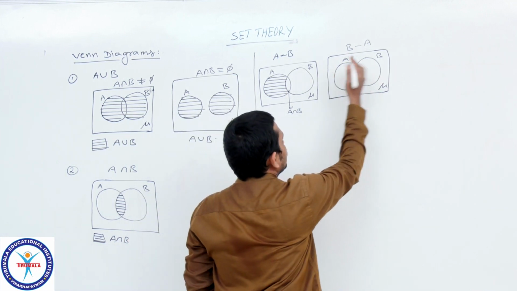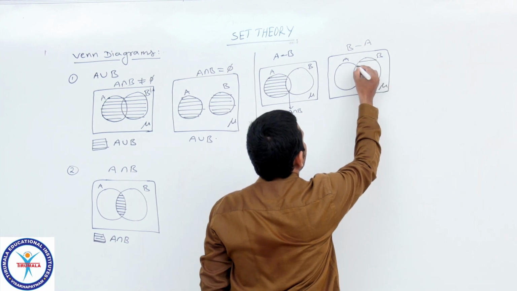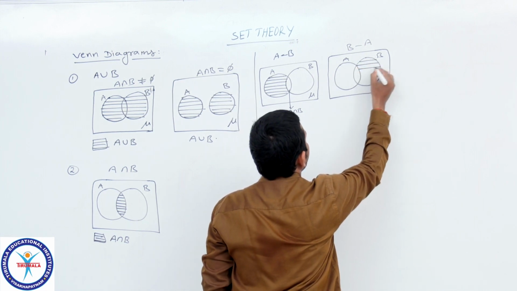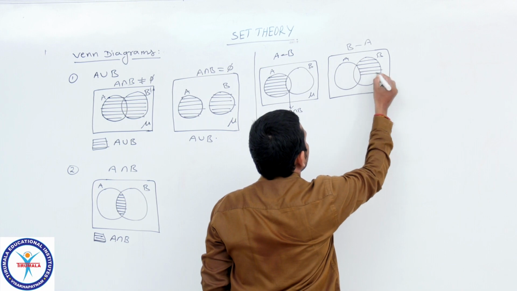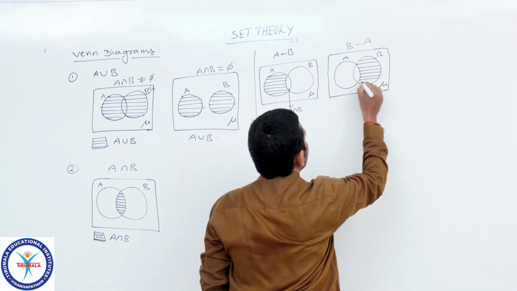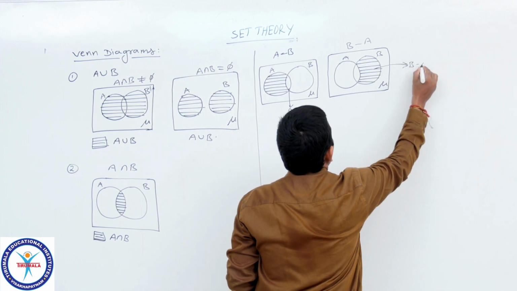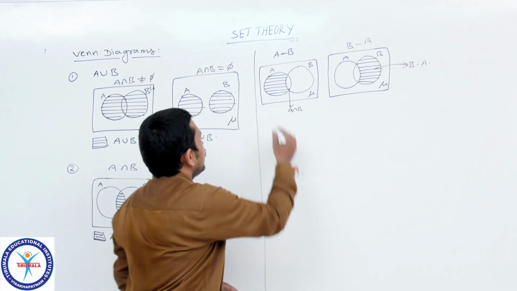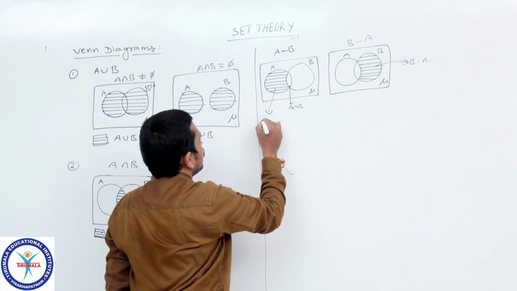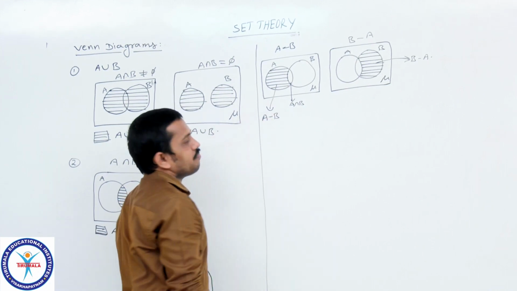So, by excluding this common region we will shade this region. Here this region represents B minus A, and this represents A minus B.